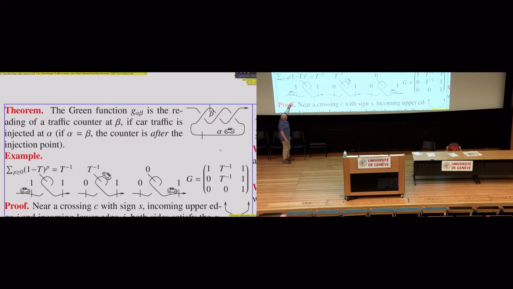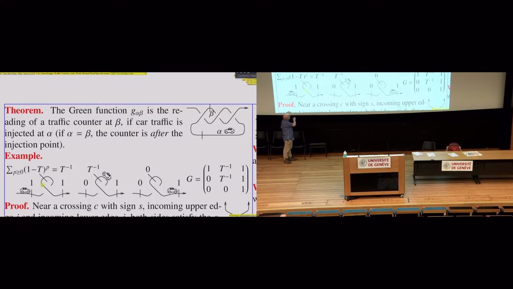So I inject the car at the beginning, and then the first counter measures 1. Okay, and then the car goes through because it goes under. So this counter here also measures 1. But then the car continues, and with probability 1 minus t, it drops down, and then it gets counted again. So this counter will now count another 1 minus t.